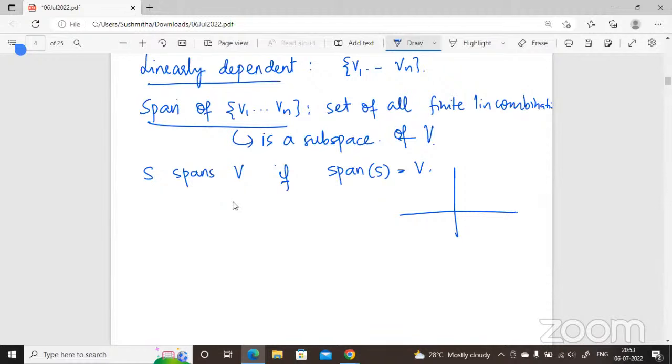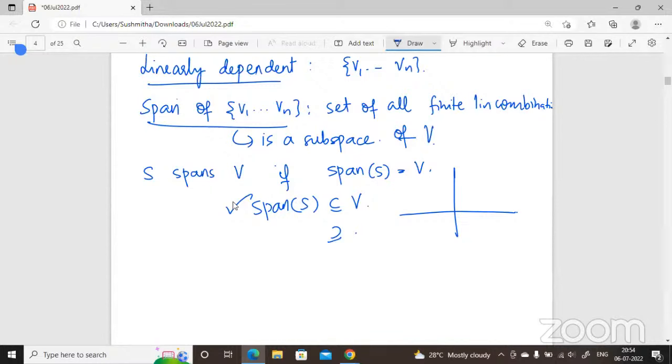So span S is always a subset of V because it is always a subspace. It is said to span V when the other way happens, when every element of V can be written as a linear combination of elements of S. When this happens, you say that S spans V.